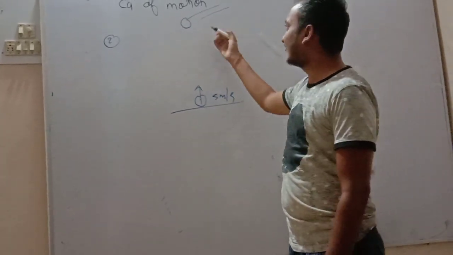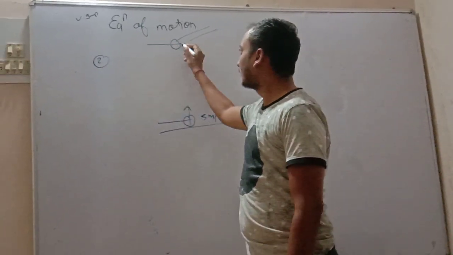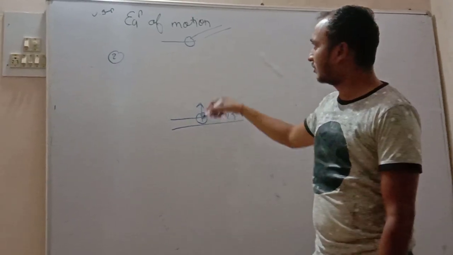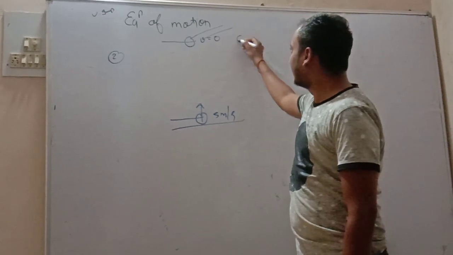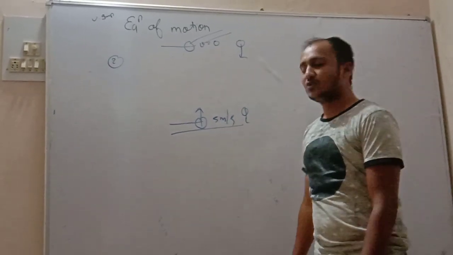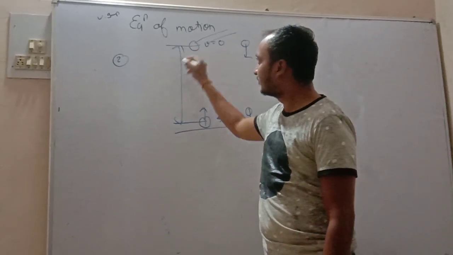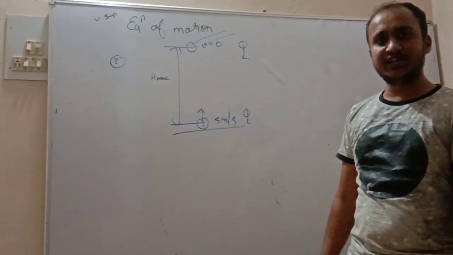At the top its velocity will be 0, then it will come down. We have to calculate the maximum height reached. How much height will the ball rise?